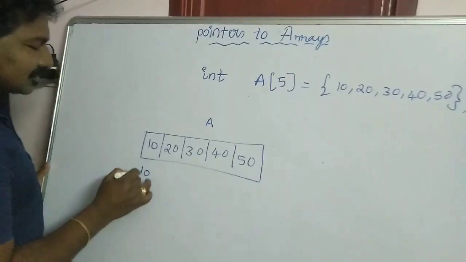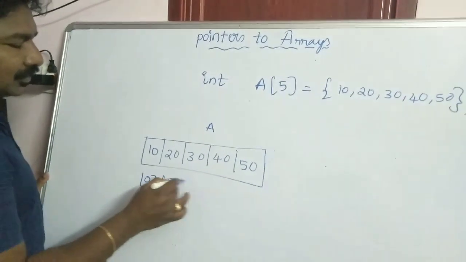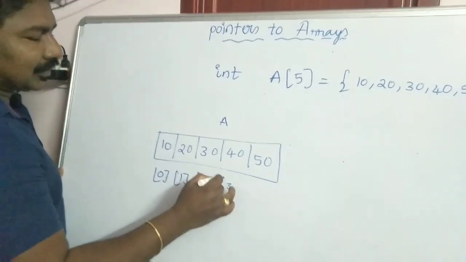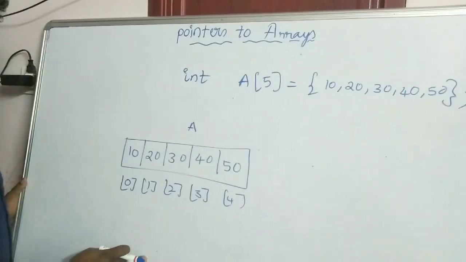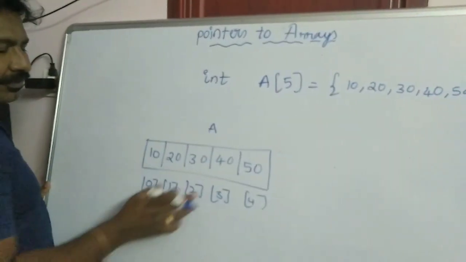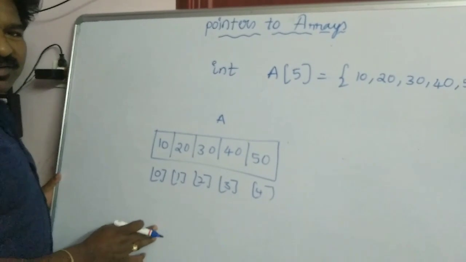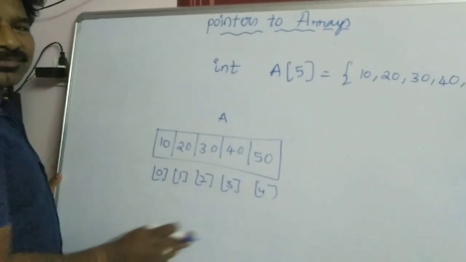I'll draw a small figure for the memory layout. A is an array with 5 elements, 10, 20, 30, 40, 50. This is index 0, index 1, index 2, index 3, index 4. So this is the memory layout for this array, friends. There are 5 elements and 5 index values from 0 to size minus 1, that is 4.